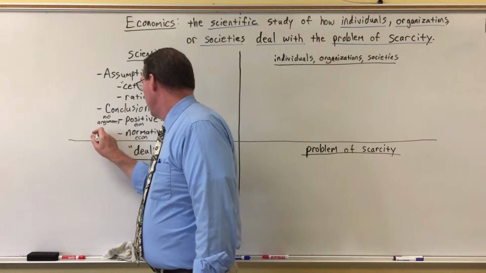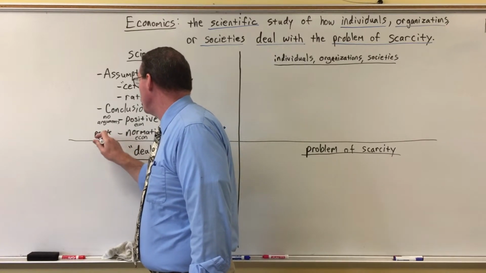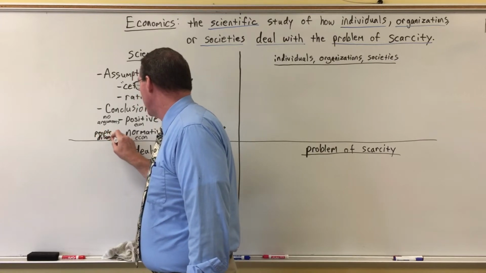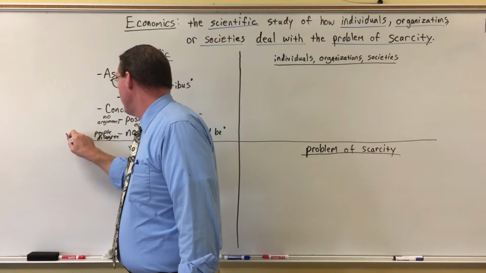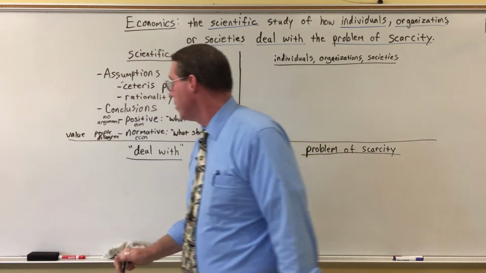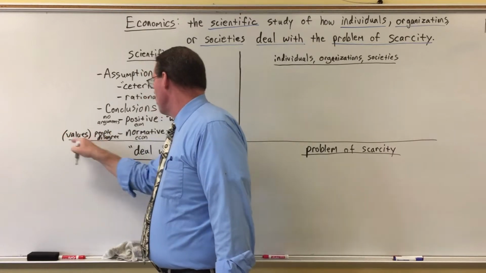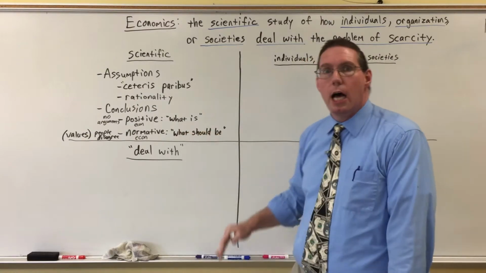People disagree over what that means we should do. People disagree because of their values, because of their value judgments, okay? So, because of their values, people disagree on normative economics about what should be done.